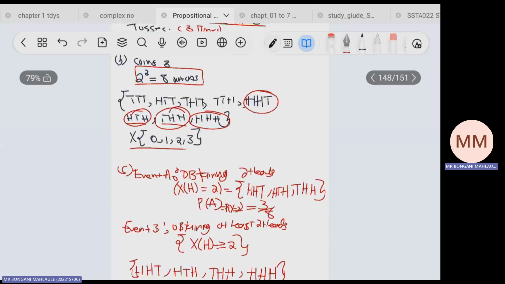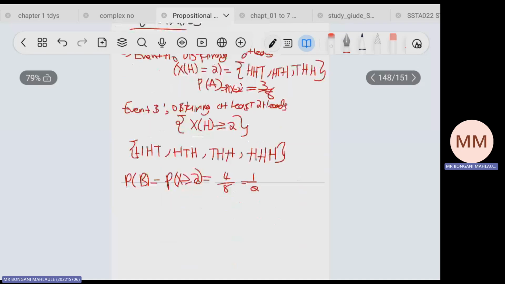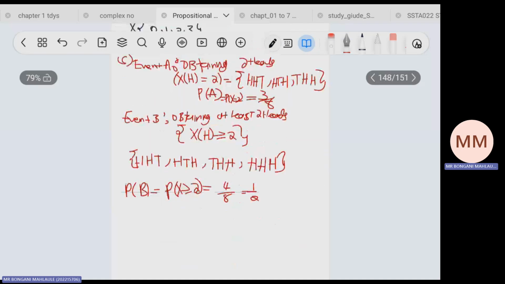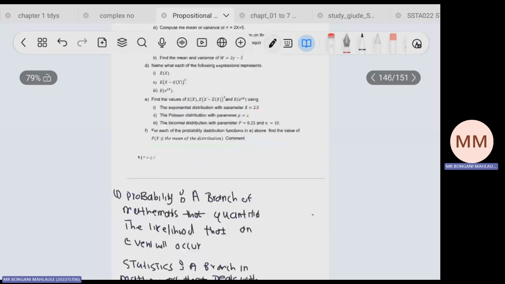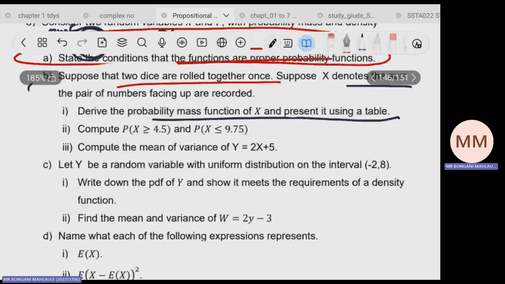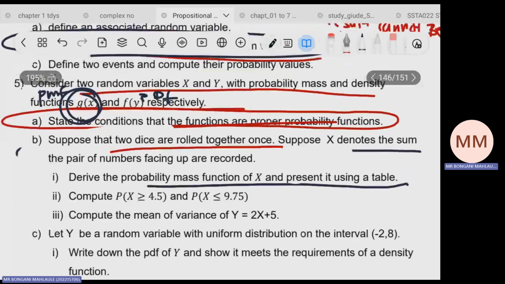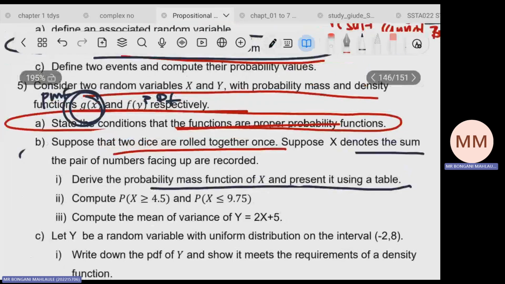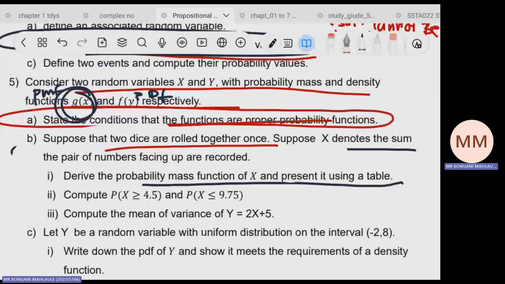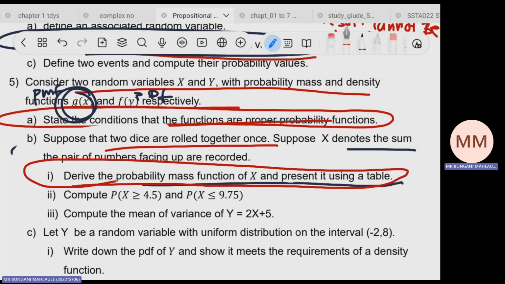They were saying, derive the probability. Suppose that two dice are rolled together. One, suppose X denotes the pair of numbers facing up that are recorded. Derive the probability as a function of X. Present it using a table.